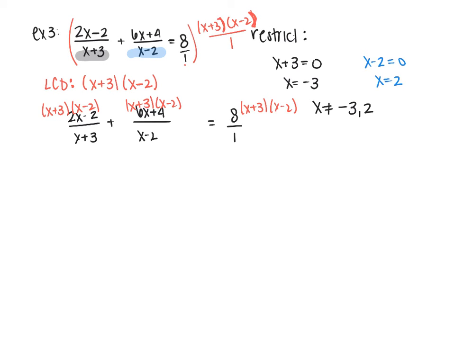Now, if I did that right, stuff will cancel. So x plus 3 cancels, x minus 2 cancels, nothing over there cancels with the 1. So I'm left with x minus 2, 2x minus 2, plus x plus 3, and 6x plus 4, and then I'm left with 8 times this whole thing.